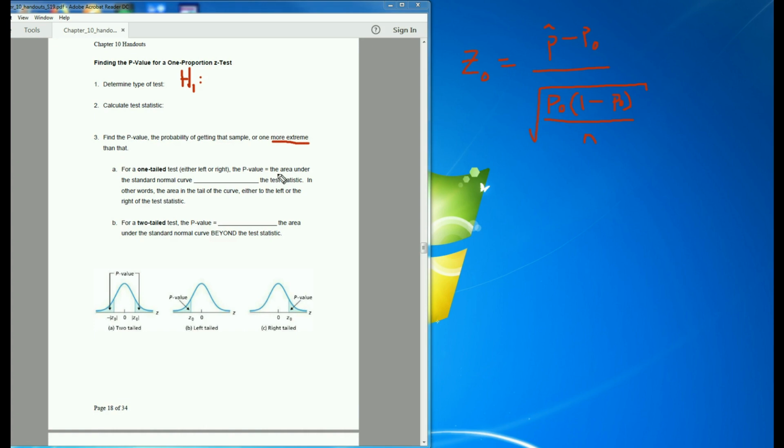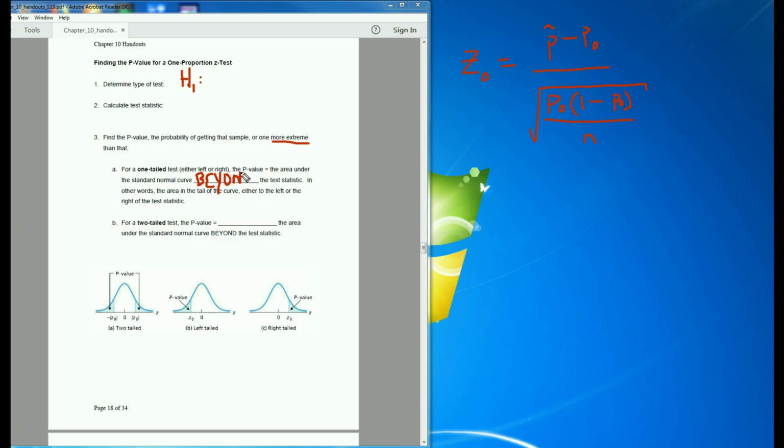All right, so for a one-tailed test, if it's either left-tailed or right-tailed, it's very straightforward. The p-value is simply equal to the area under the standard normal curve beyond your test statistic.